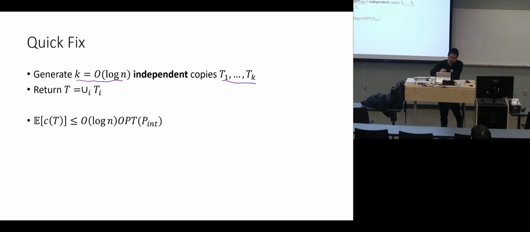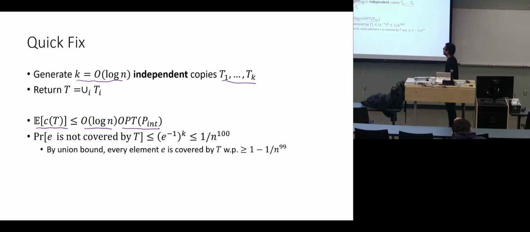So the expected cost will increase by a factor of k, which is log n times opt. But now the probability that some element e is not covered by T means that it is not covered by any Ti.